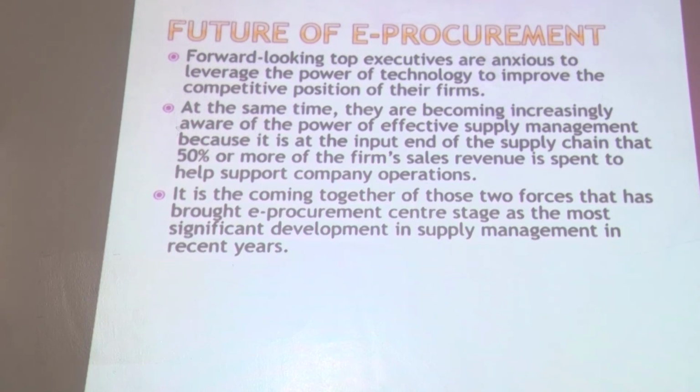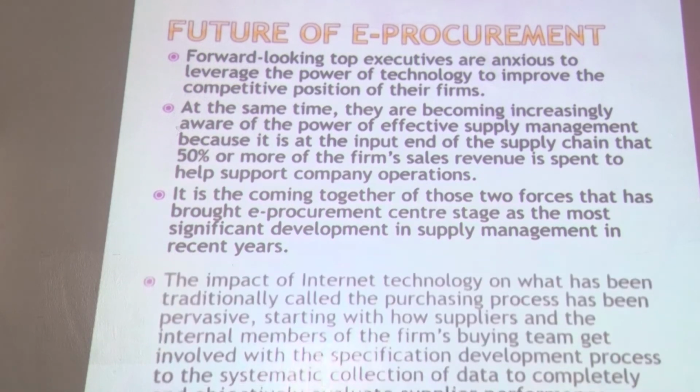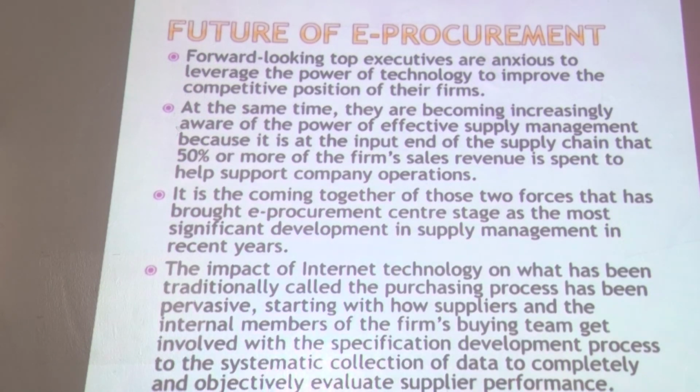It has also enabled companies to be at the center stage of significant development, unlike the recent years. So the impact of internet is that it has enabled the purchasing process to be more strategic and more proactive, and companies are able to involve in specification development and to do all things that enable the organization to ensure supplier performance is up.